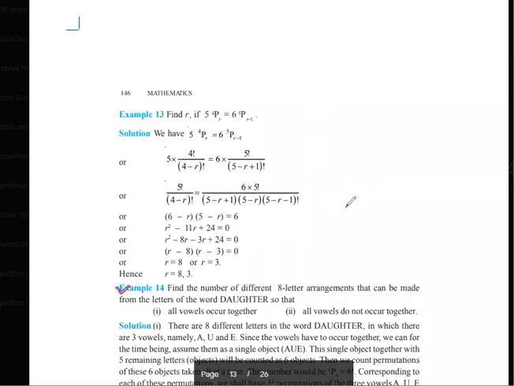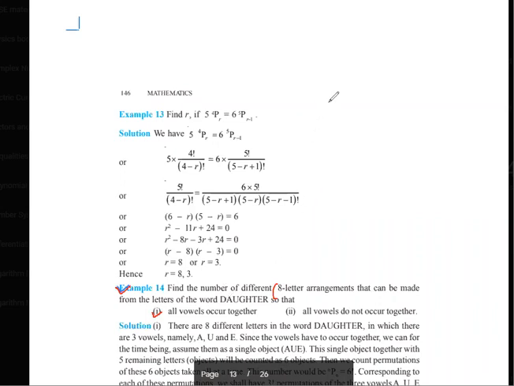In question 14, we have: the number of different eight letter arrangements such that all the vowels are together. That's the first case. Now try to solve this.